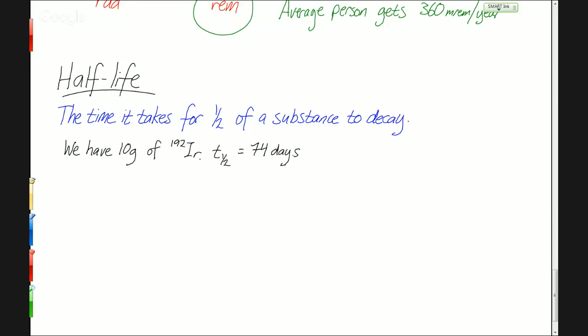The easiest way, I think, to do problems like this is to just track it and count it out half-life by half-life. So if we start with 10 grams, after one half-life, which is 72 days, we have 5 grams.